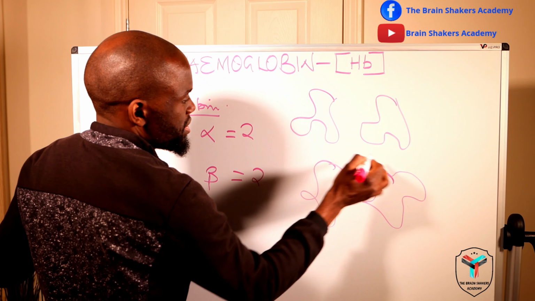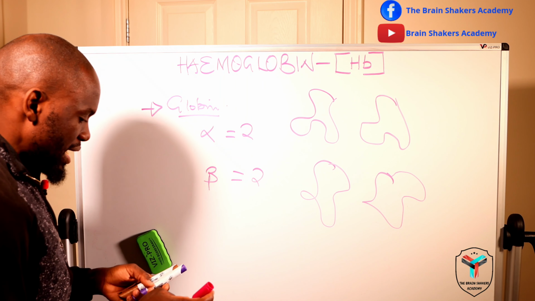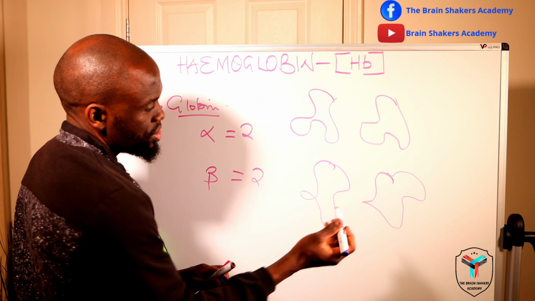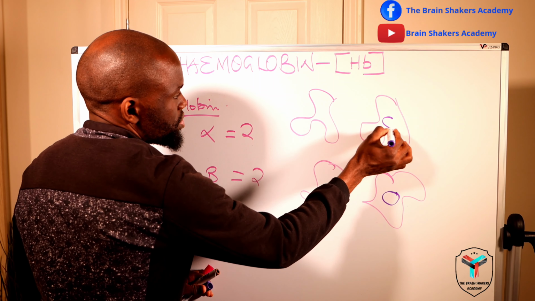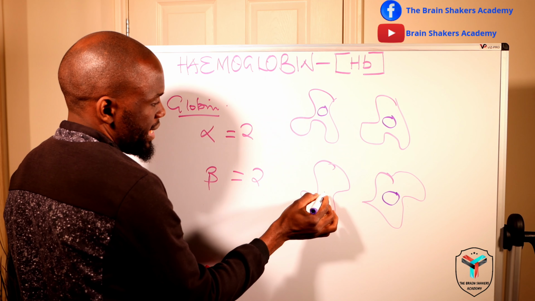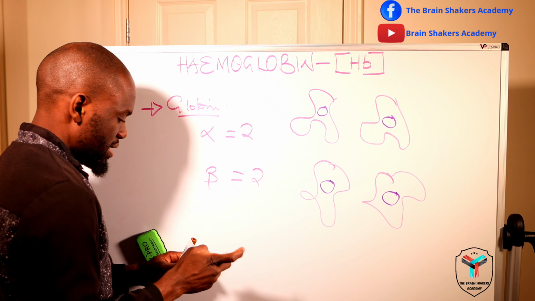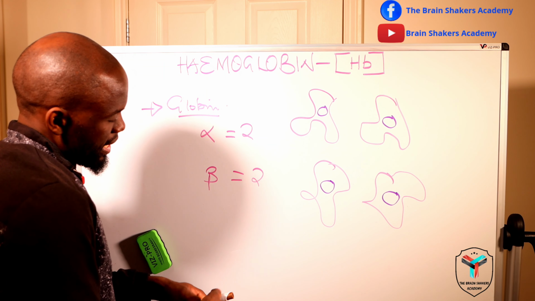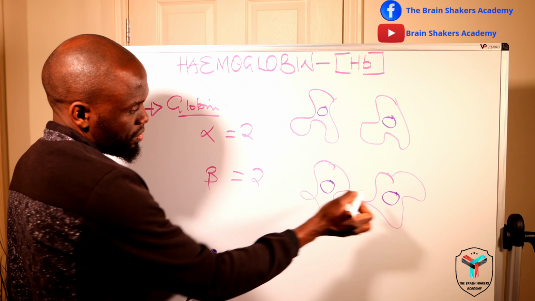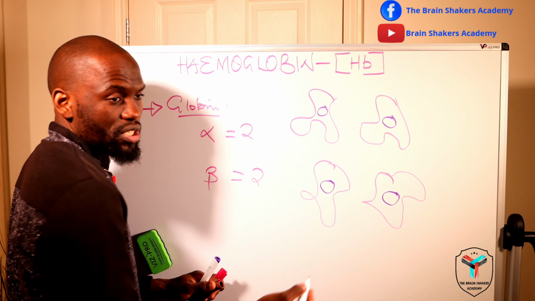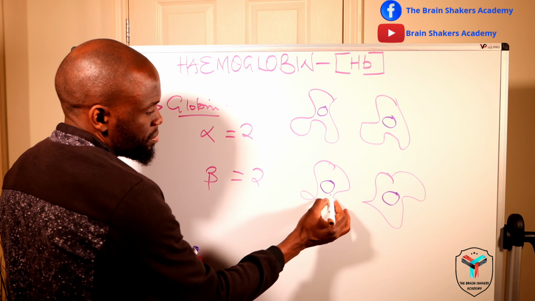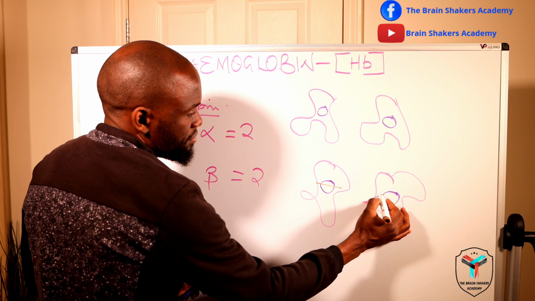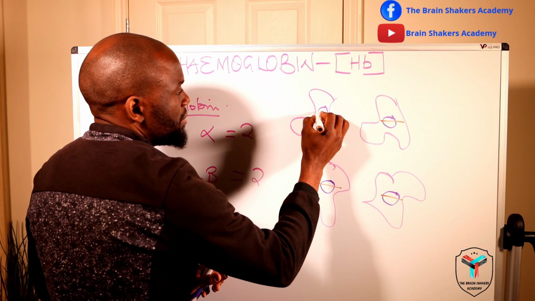So these will represent the globin chains, and in between those globin chains, you are going to find more, I'll just put circles in there to represent the heme molecule. Within that heme molecule, because it forms protoporphyrin rings, in between those protoporphyrin rings you will definitely find iron elements.